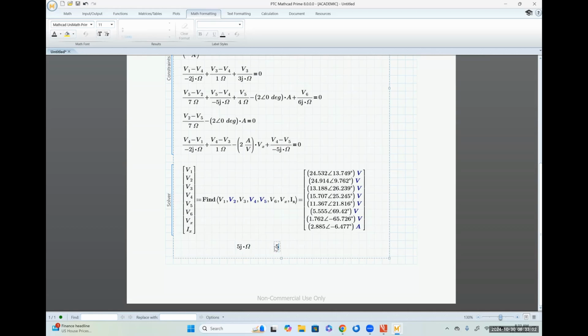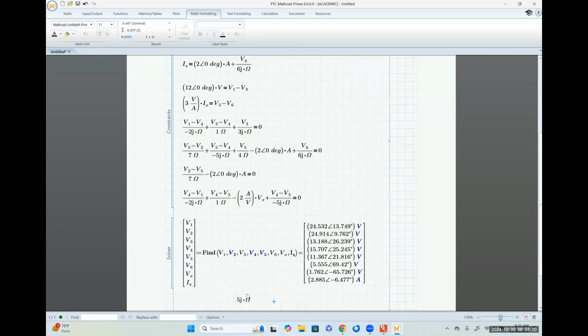If I just did 5J capital omega, it's lumping that J omega together as some new undefined variable that's going to cause it to freak out. So that's why it's so important to explicitly multiply our units when dealing with complex numbers. Because MathCAD is really good at what it does, but it is really terrible at inferring what we want it to do unless we tell it exactly what to do.